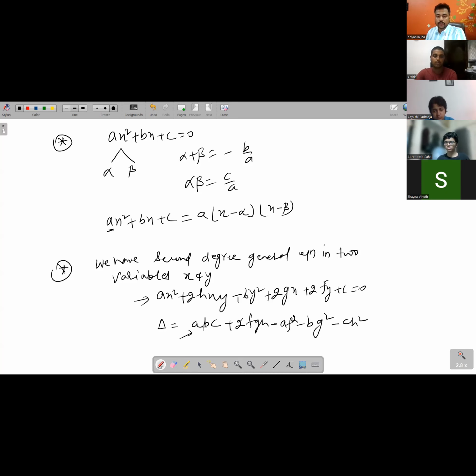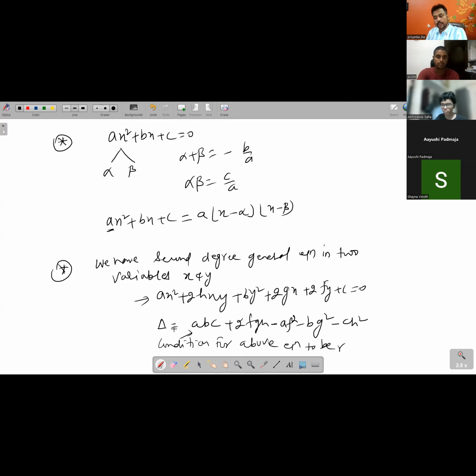This is the condition for the above equation to be resolved into two linear factors. Means you will be given this kind of equation and asked to find two linear equations, right? Because if you multiply two linear equations, means power of x is 1, then you will get terms having powers of x and y as 2.